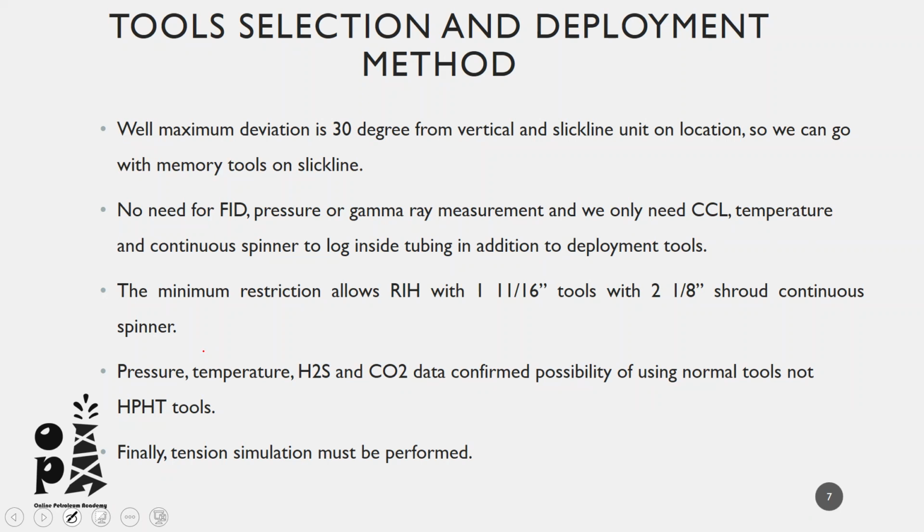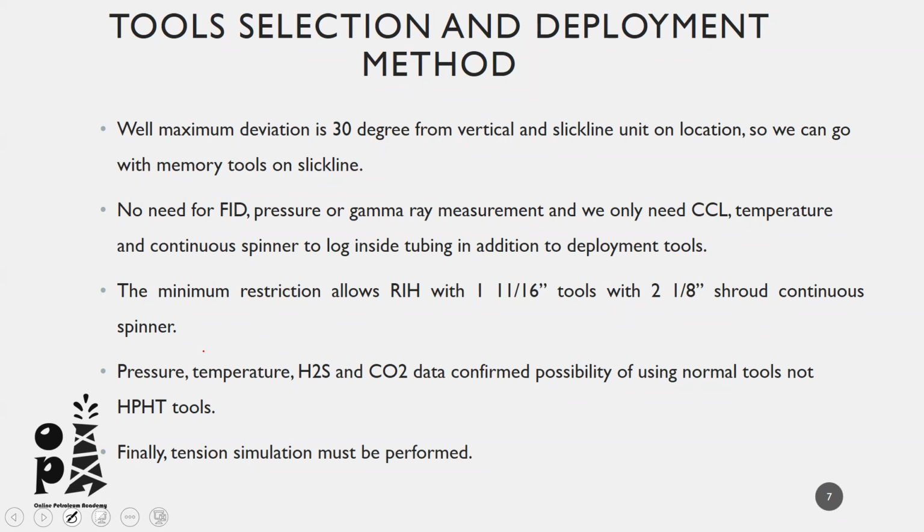So detecting the leak doesn't need any stability for your well, so you can go easily on a slickline, and no need for stability, no need for real-time data, and it's a good option, especially that you have slickline on location. And most of the time slickline equipment are lighter than E-line equipment.